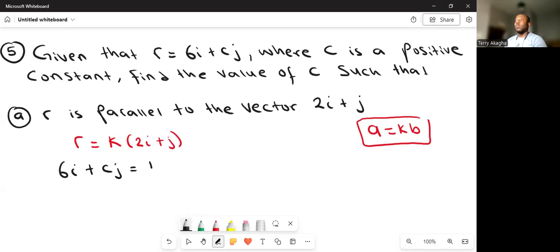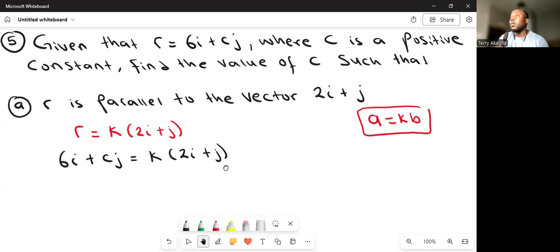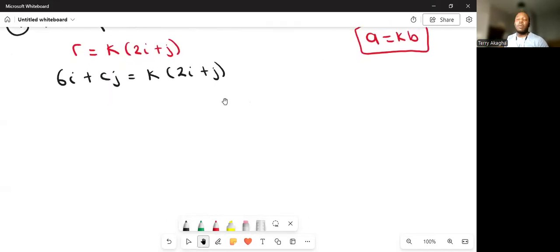So that will be equal to k times 2i plus j, all right? So the next thing is that we're going to open the bracket. So we're going to have 6i plus cj is going to be equal to 2ki plus kj, all right?